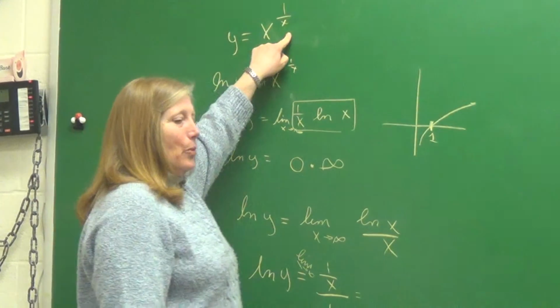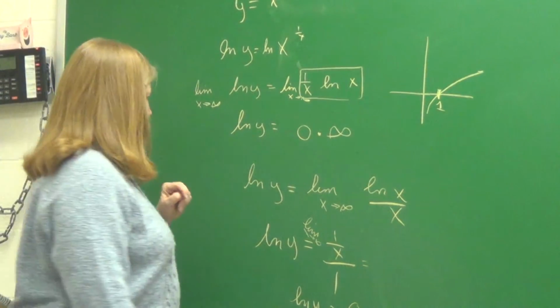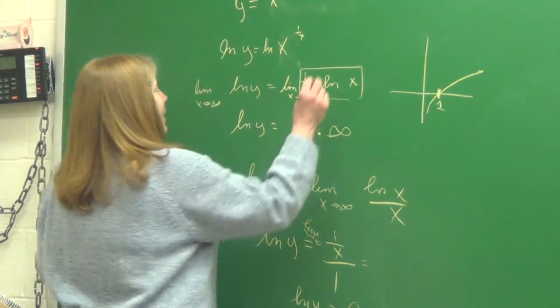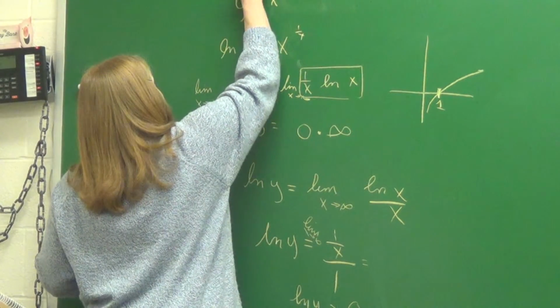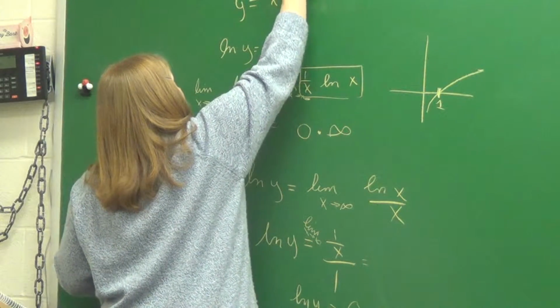y equals x to the 1 over x, and we want the limit as x goes to infinity. So the limit as x approaches infinity of x to the 1 over x.